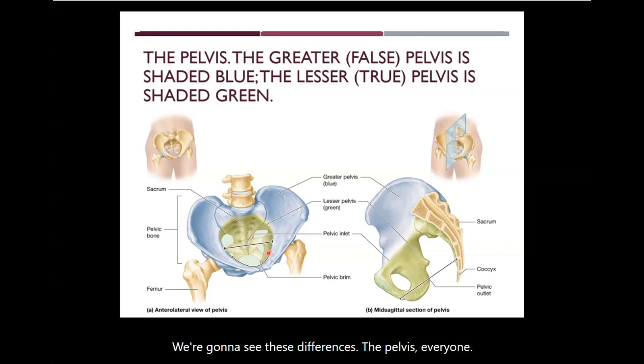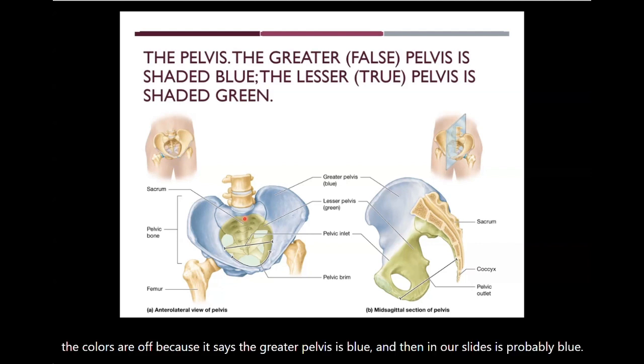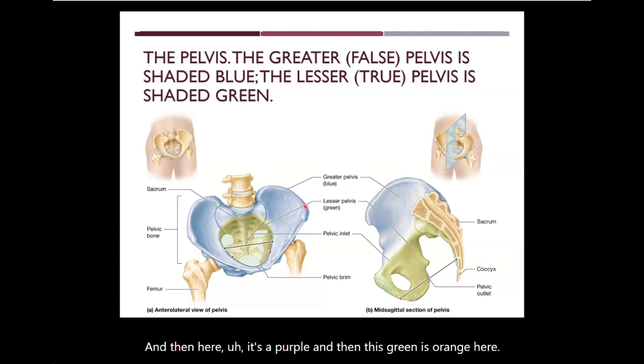The pelvis has a greater pelvis, which is this part here, and then it has a lesser pelvis. When I projected here, the colors are off: the greater pelvis is blue in our slides, and here it's purple, and this green is orange here, right?